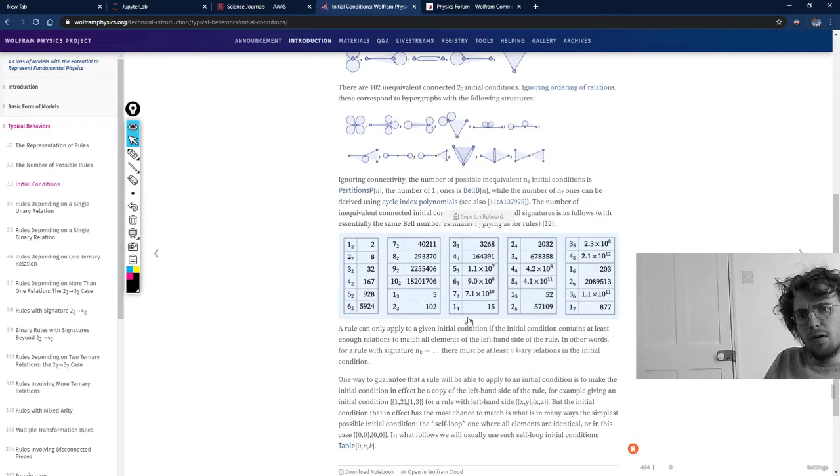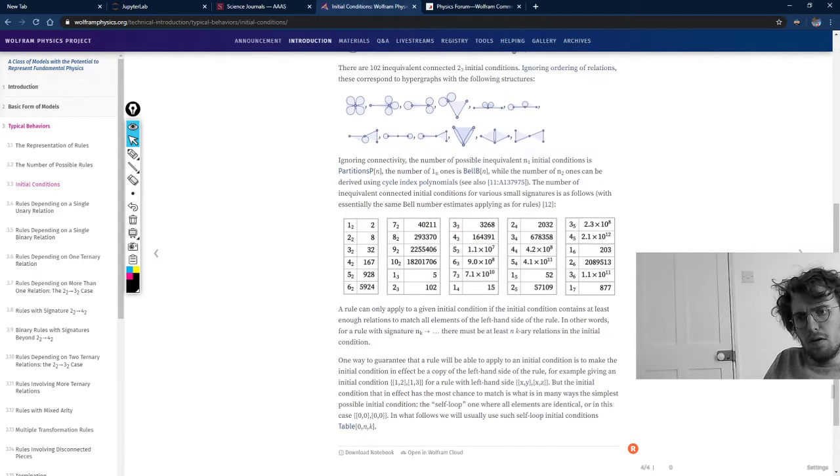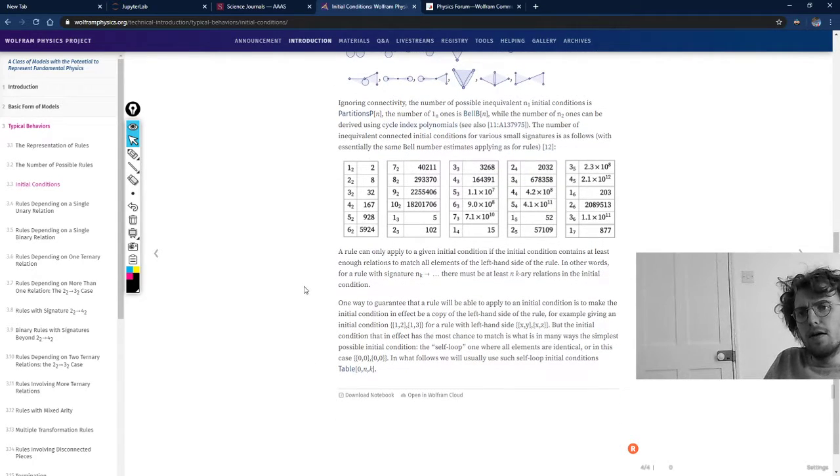Okay, yep, so it can't be less than that. We need to guarantee that a rule will be able to apply to initial conditions is to make the initial conditions in effect to be a copy of the left hand side of the rule. Yep, that makes sense.